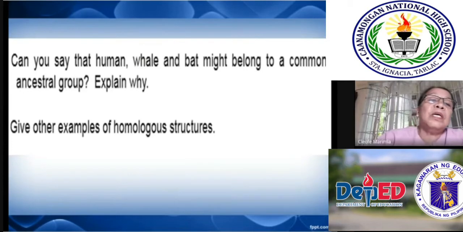Next question, give other examples of homologous structures. Very good. Some of the homologous structures are forelimbs of dog and bird, forelimbs of lizard and whale, and many others.